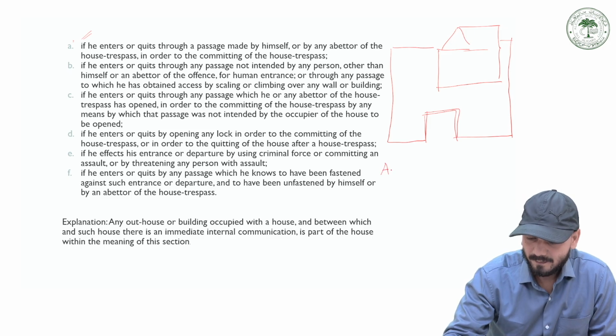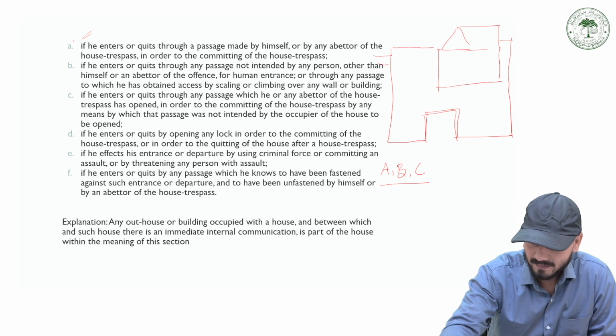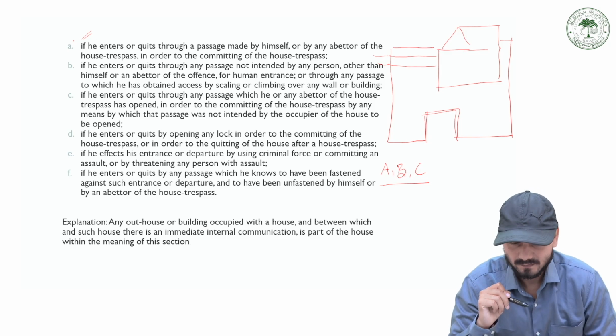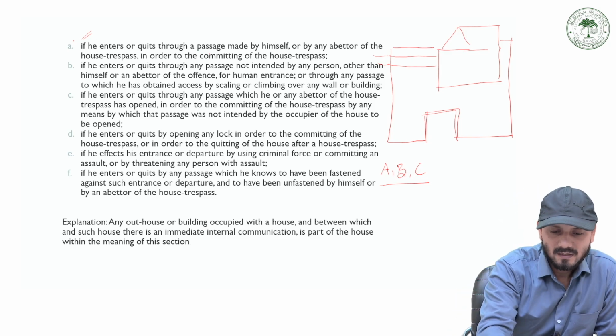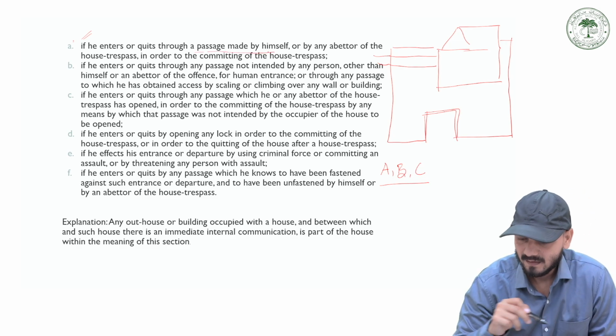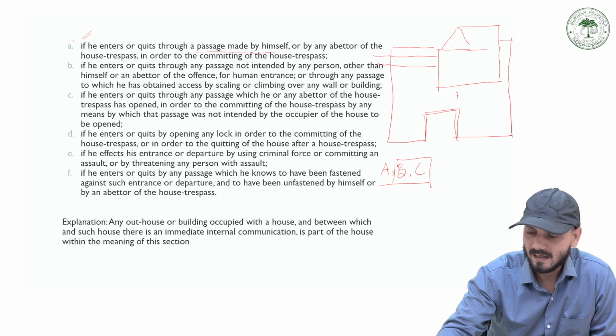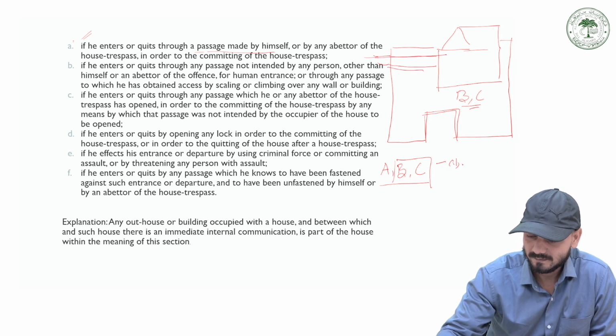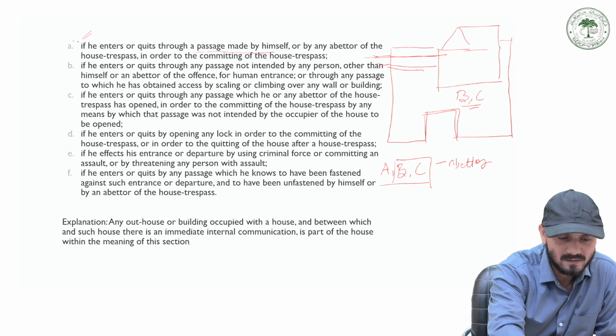Now A, B and C dig a hole through this passage directly to the bedroom where the locker is kept. This would come under the first situation, a passage made by himself or by any abettor. B and C are servants in the house, and they dig a hole from here to here. They are abettors in this case. This case falls under the first situation.